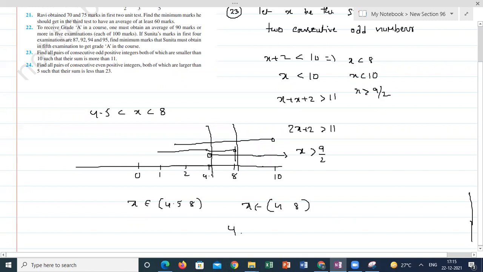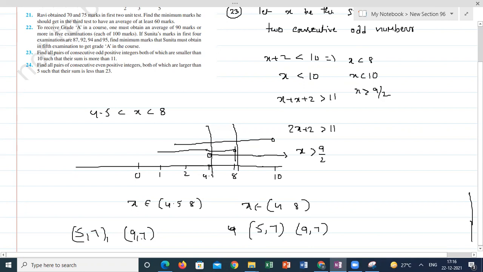So the pairs: we start from 5, and to get the sum more than 11, what number do you have to add here, students? 7. 6 you can't take, and 7 you already got. So 5, 7, then 7, 9. The pairs are 5, 7 is one pair, and 7, 9 is another pair.